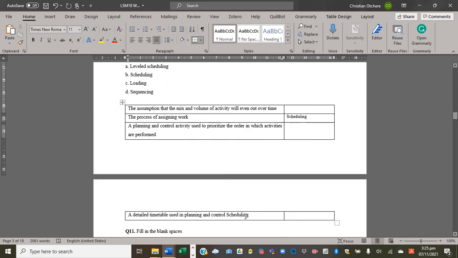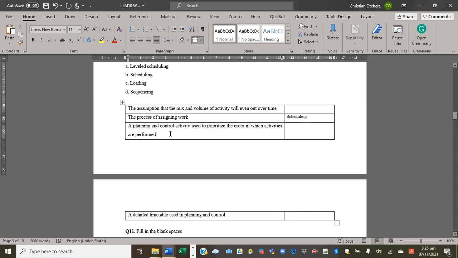Okay, so let's see. Let's try. They may be wrong though. So let's give it a try. Okay, so the process for assigning work is scheduling, or you've changed your mind.